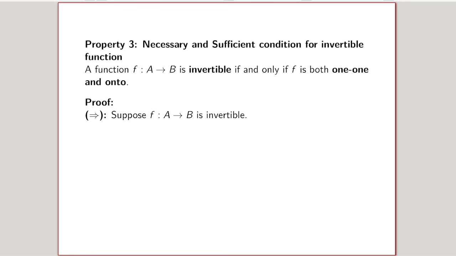So in the first part, we are going to assume f is an invertible function. f is an invertible function means the inverse exists. So I am going to name that inverse as f inverse. So f inverse will be a function from B to A, and f is a function from A to B. And observe that if I take f inverse composition f, I will get I_A.